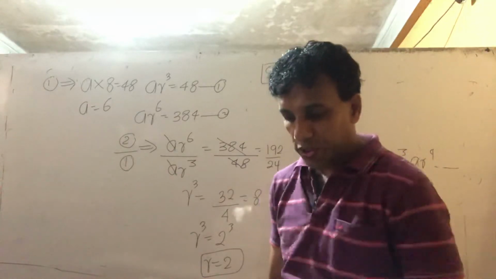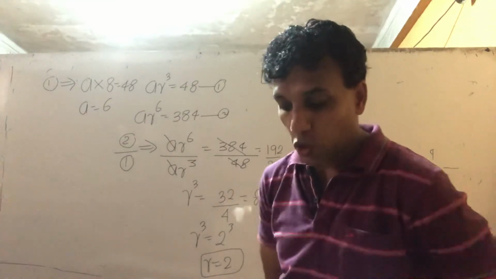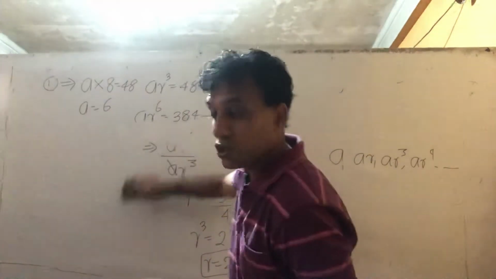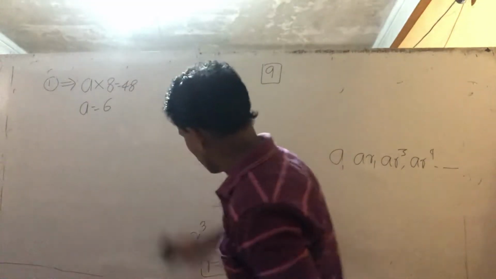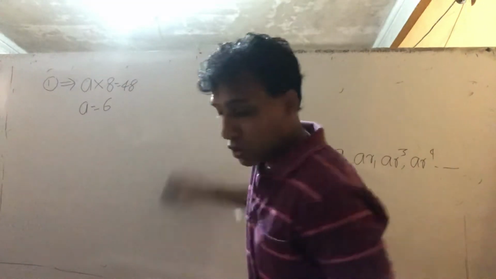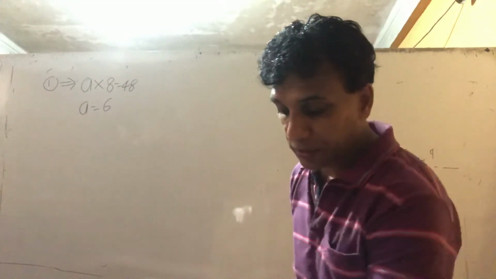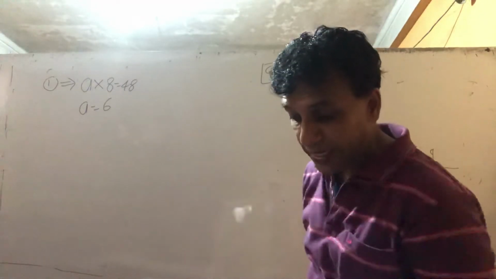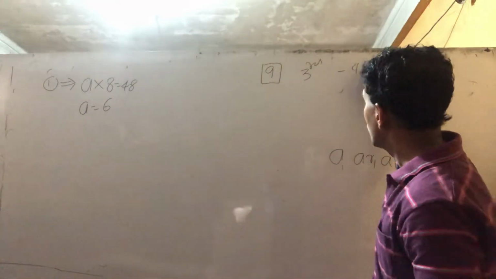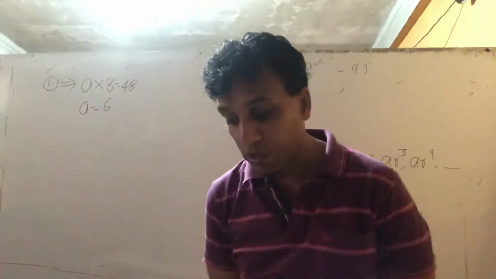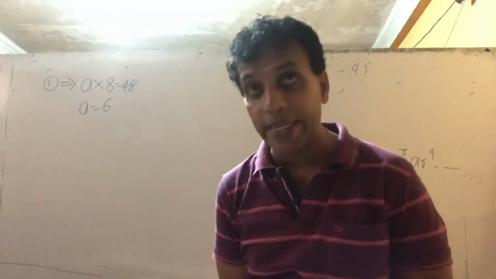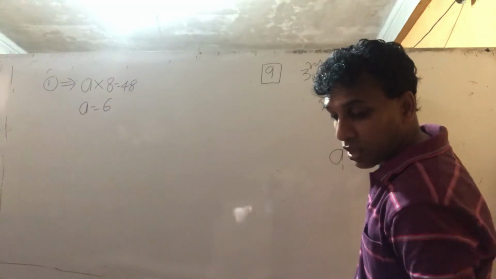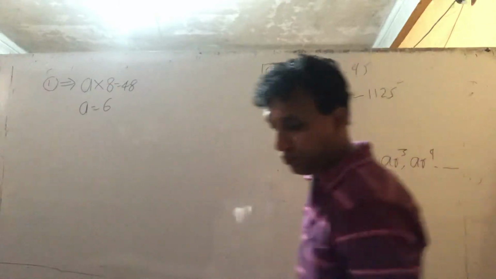Okay, write this question. Show that there are 2 GPs with third term is minus 45 and fifth term is minus 1125.